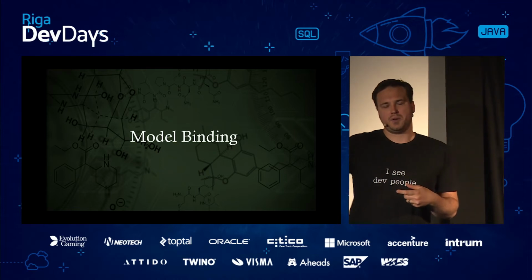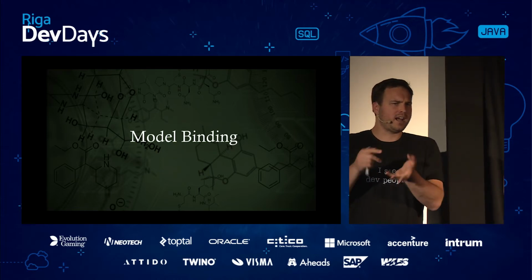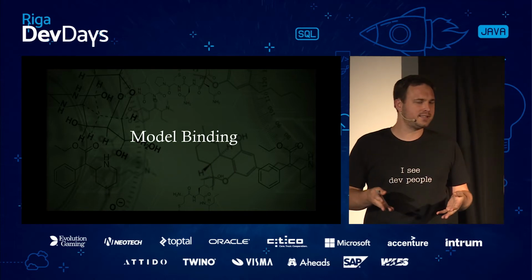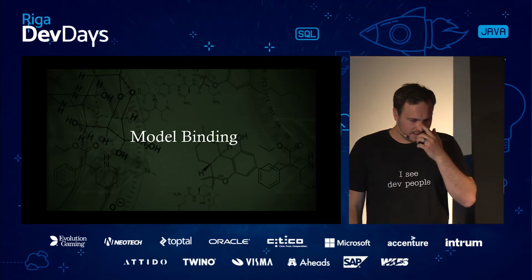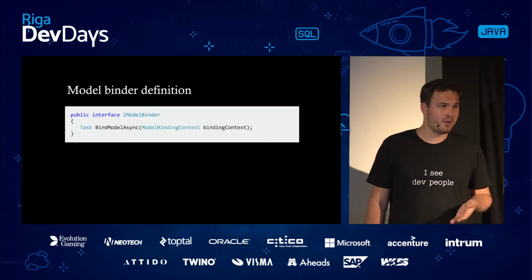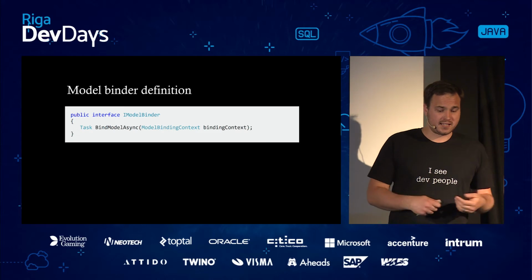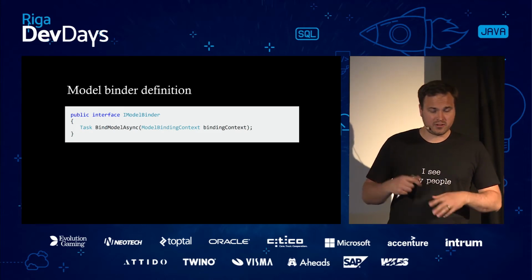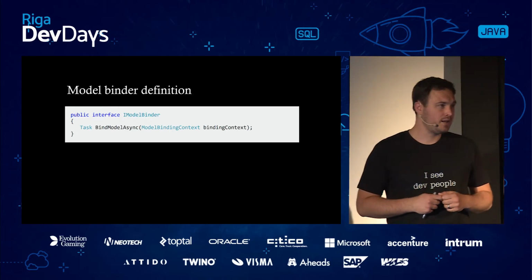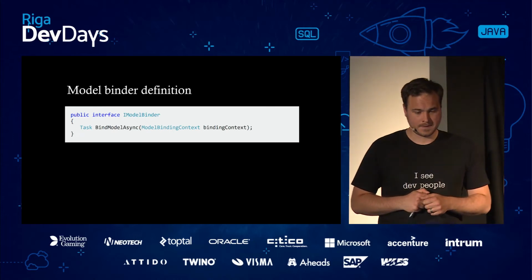It knows when you're getting a JSON object that looks like a person, it will try to bind it to your person class. That's what model binding does automatically. But you can also do your own model binders using the IModelBinder interface. It has a BindModelAsync function with a binding context, and it will let you loose to create your own model binder and just use it.